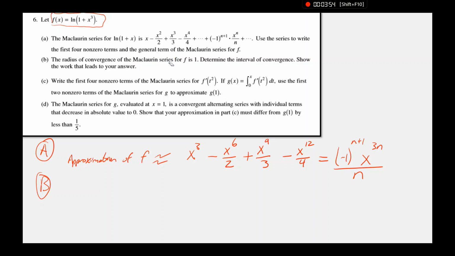So just because it's a Maclaurin series, we know it has to be centered at 0. Okay, so we know that our interval will go from 0 to 1, but we do need to test the endpoints.